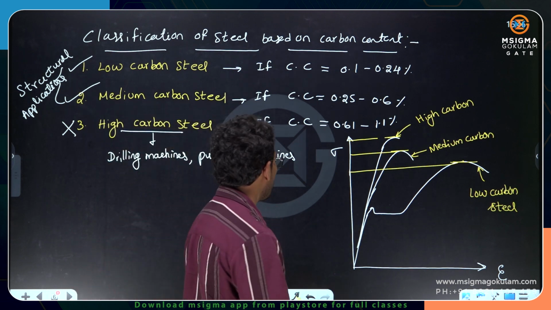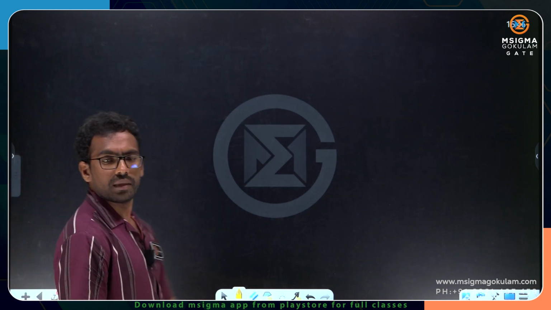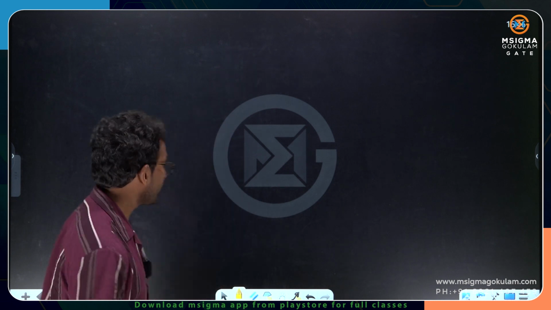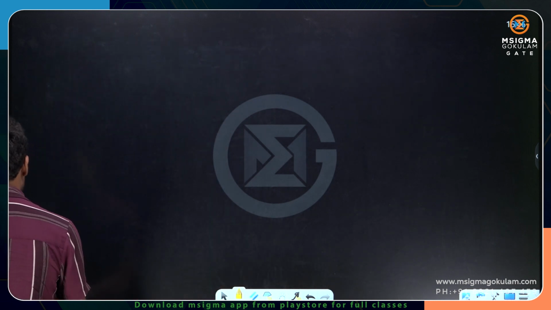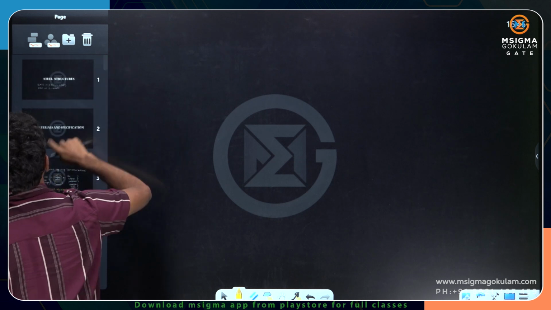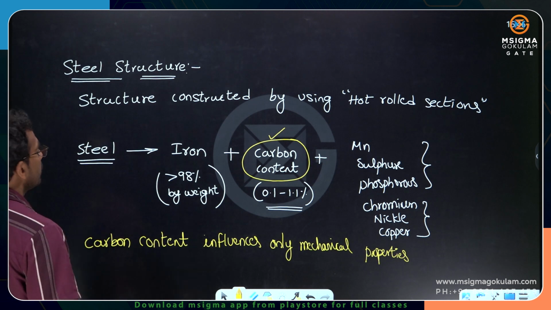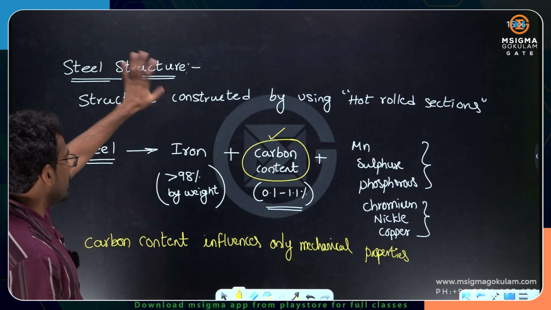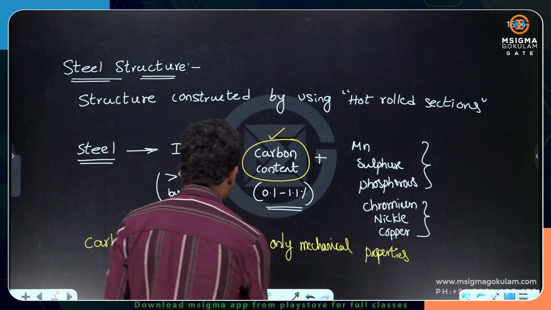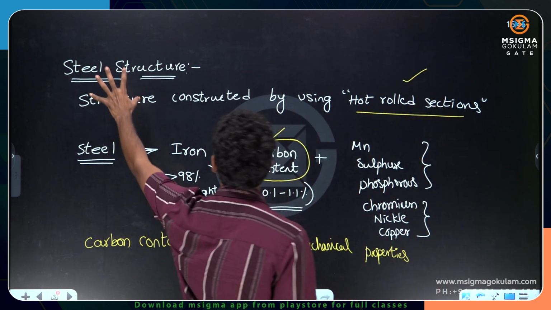Now, as I told you when I explained what a steel structure is, when you go to the definition for steel structures, structures constructed by using hot rolled steel sections are called steel structures. That is how I define a steel structure.